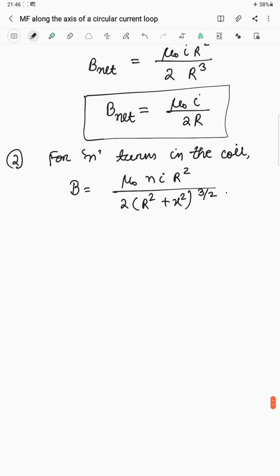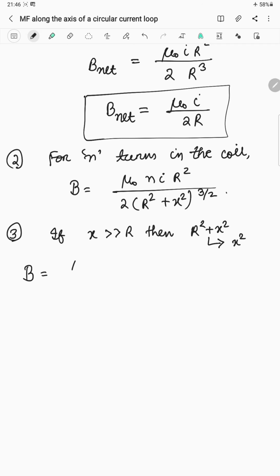In the third one, if my x is much greater than r, that means a very far away distance I am going to find out on the axis itself, then r square plus x square will boil down to x square only, as r square will be neglected. Then what will be my B?